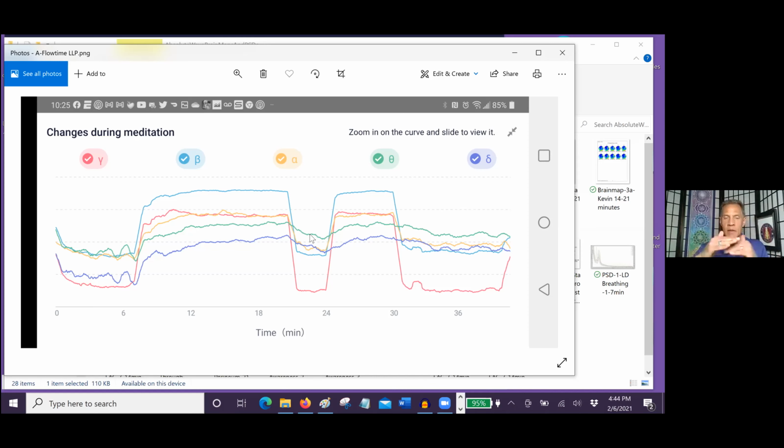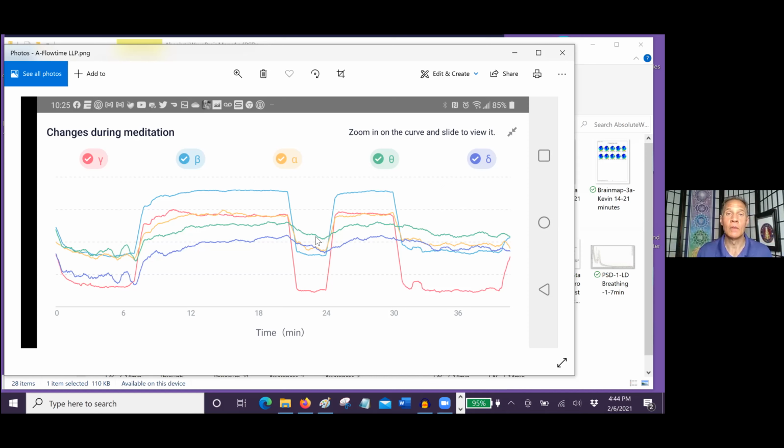So there's some kind of mixing of alpha and theta, and it's not as clearly defined as to what theta is. Whereas here you see the theta is more clearly defined above the other waves. Okay, so just noticing that different devices have different ways that they divide the brain waves.